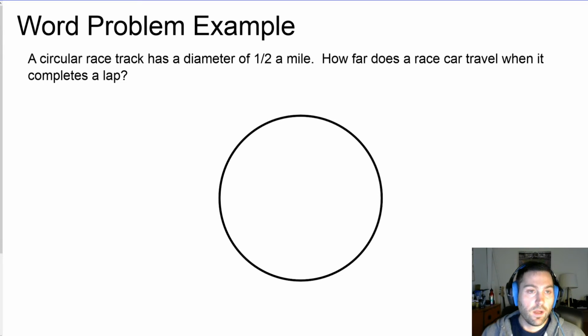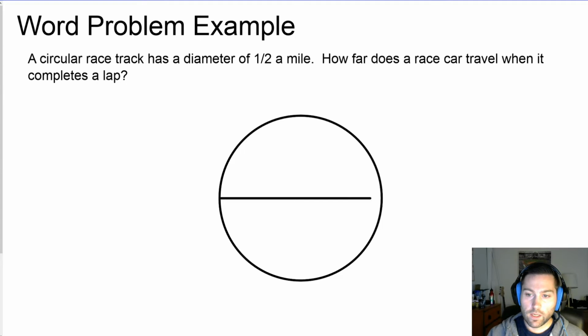So, moving on. A circular racetrack has a diameter of half of a mile. How far does a race car travel when it completes a lap? Okay, so if I draw in a diameter, according to the problem, I know that this is 0.5 miles.